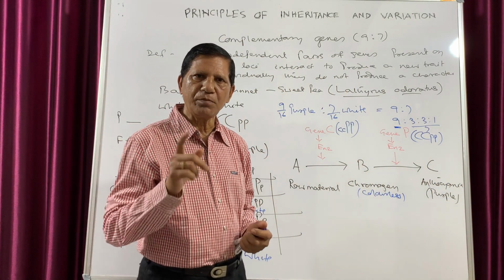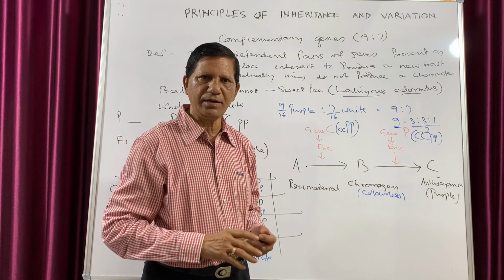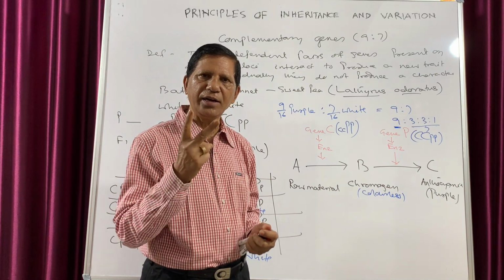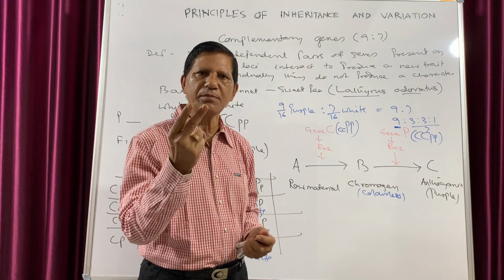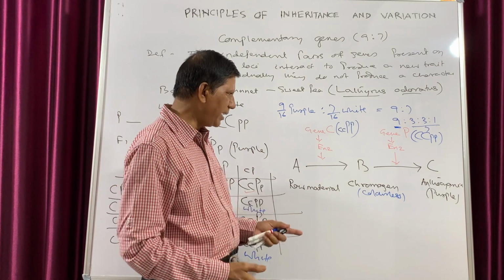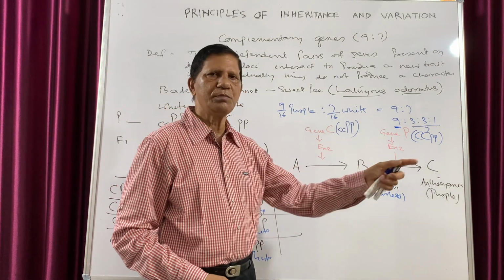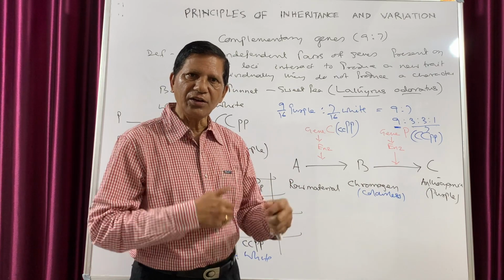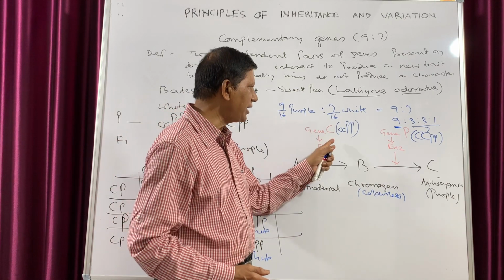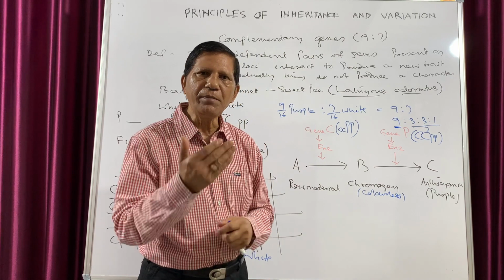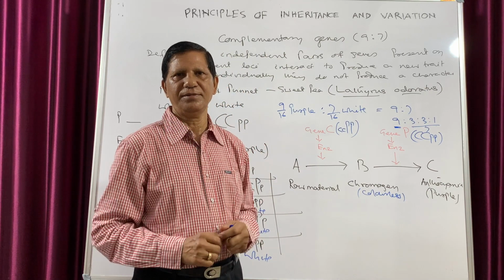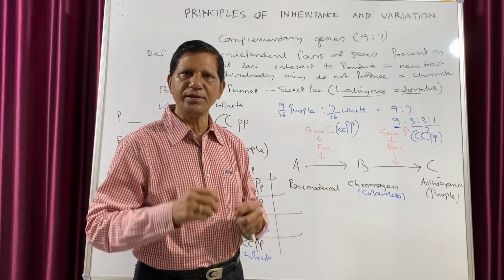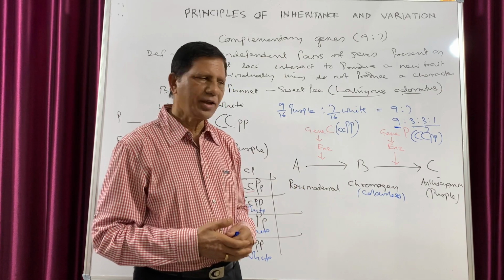That means for production of anthocyanin or purple color, it requires two independent pairs of genes. Here one is C, the other is P. So here the gene interaction between capital C and capital P is complementary to each other. That is why it is known as complementary gene interaction.